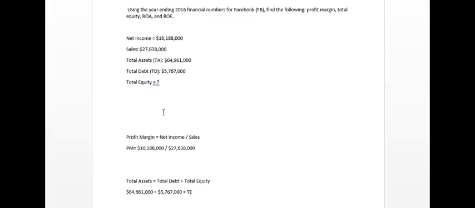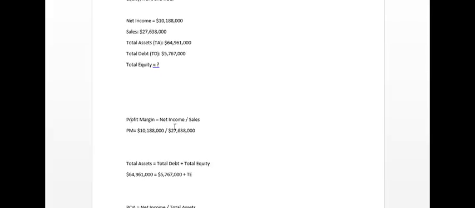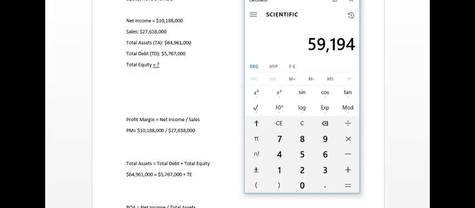So the problem set is asking for us to solve for the profit margin. Profit margin is really taking the net income over the sales. So this is what it's going to look like. It's going to say 10,188,000. Now I'm going to just not use the last three digits, just for ease in showing you how to do this.